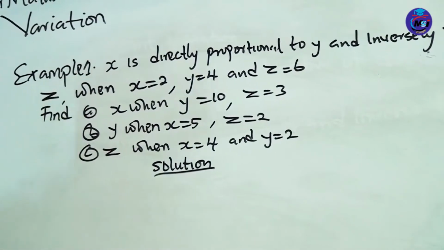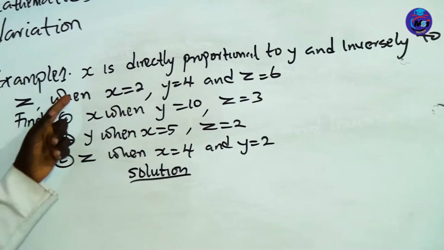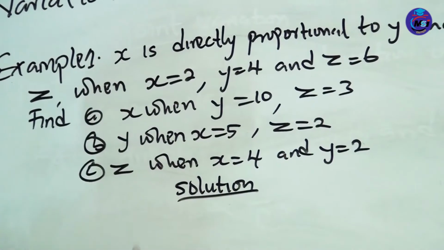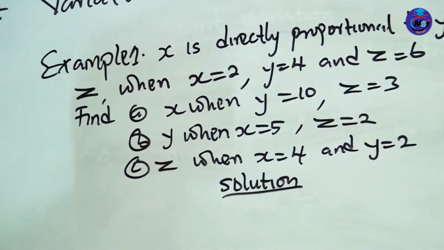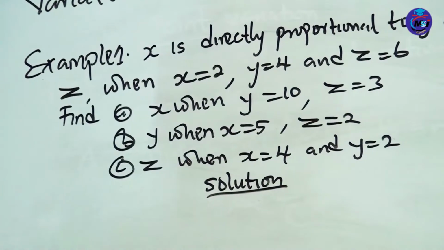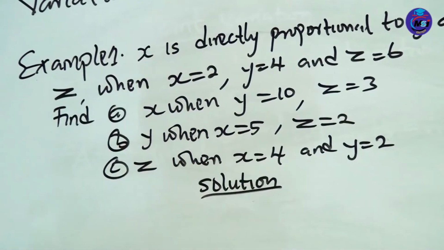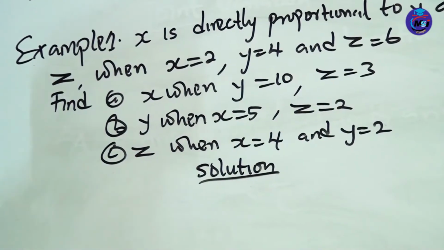X is directly proportional to Y and inversely to Z. When X is 2, Y is 4, and Z is 6. Find X when Y equals 10 and Z is 3. Find Y when X is 5 and Z is 2. Find Z when X is 4 and Y is 2.